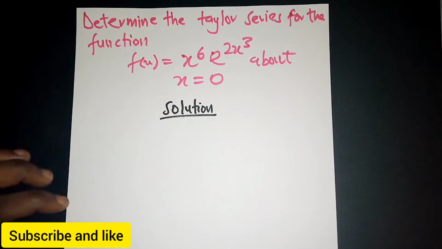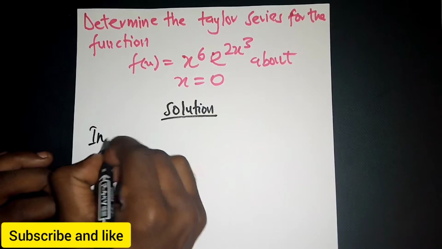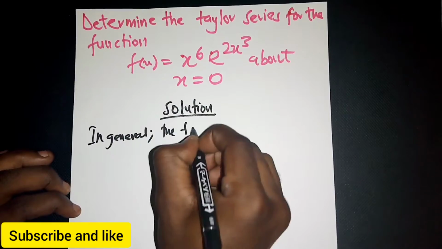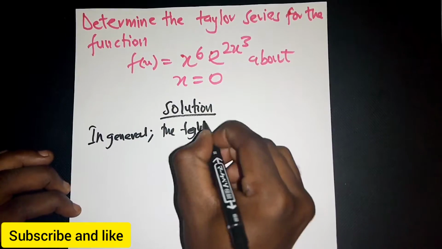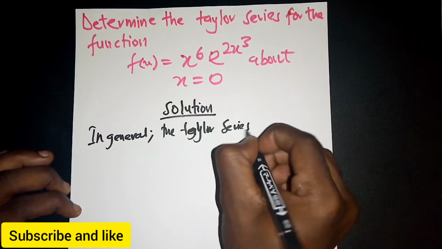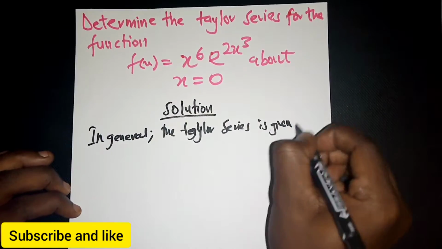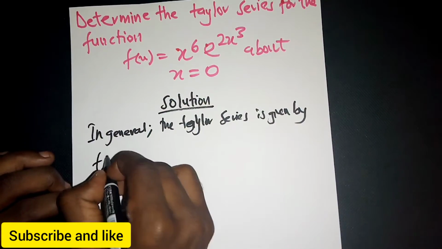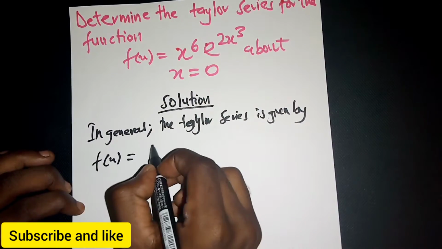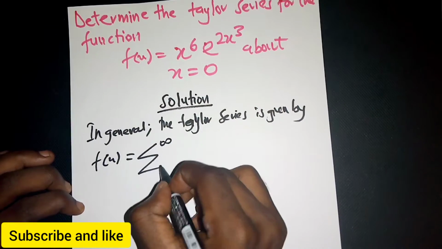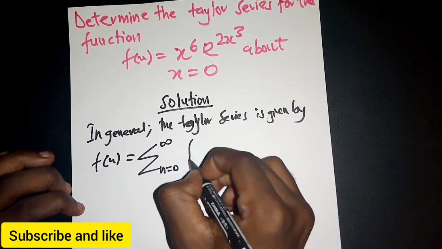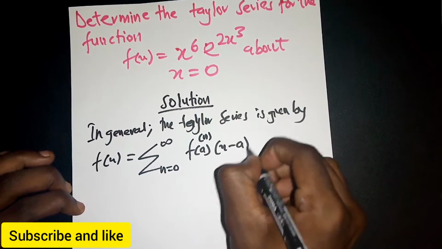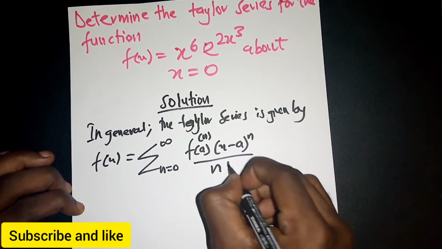Now in general, the Taylor series is given by, if you have f of x, then it is equal to the summation from n equal to 0 to infinity of f to the power n of a, times x minus a to the power n, over n factorial.